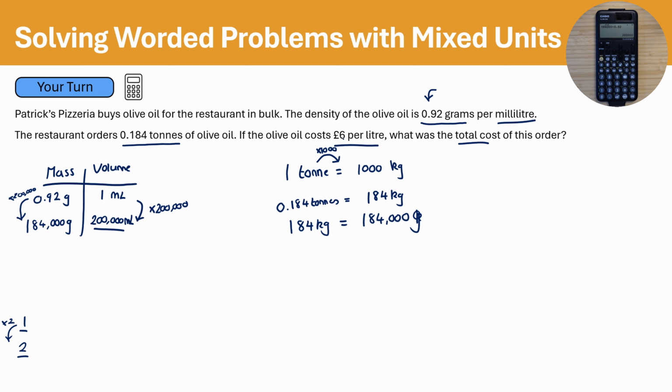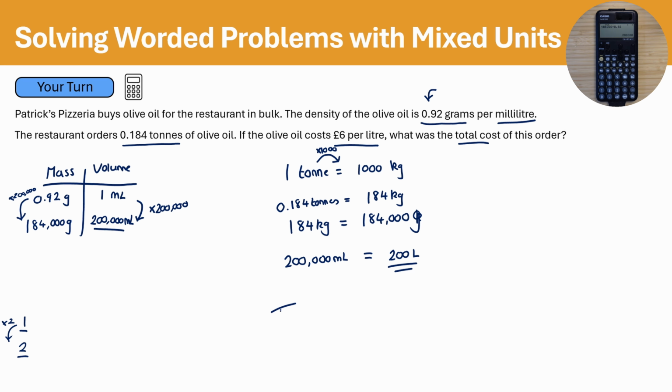If the olive oil costs £6 per litre, what was the total cost of this order? So we've got the volume that they ordered in milliliters, but let's go ahead and turn this 200,000 milliliters into litres. And to do that, we divide by 1,000 because there are 1,000 milliliters in a litre, which gives us an answer of 200 litres. The olive oil costs £6 per litre, so we want to multiply 200 by 6.